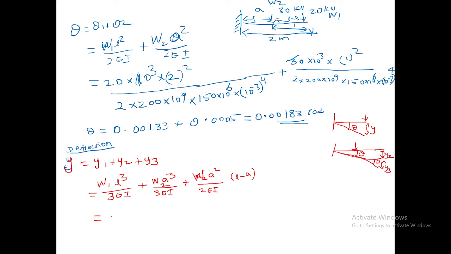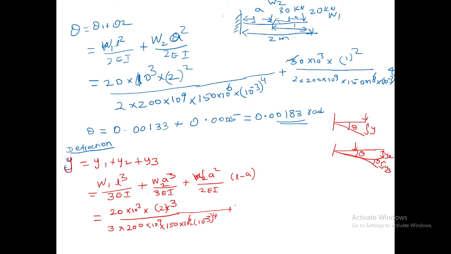So W1 is 20 into 10 power 3, L is 2 cubed, divided by 3 into 200 into 10 power 9, I is 150 into 10 power 6 into 10 power minus 3 power 4.